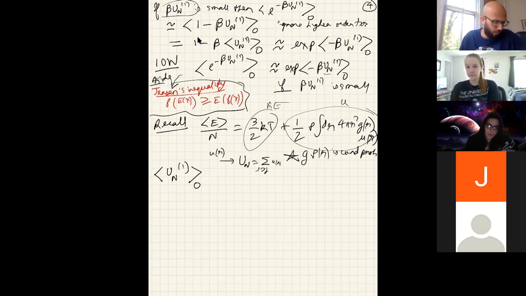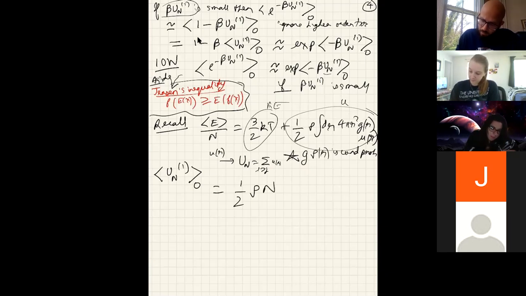So that's why we need this relation. But using this, we can write down that UN0 is equal to half rho n. I bring this n to the numerator over here.